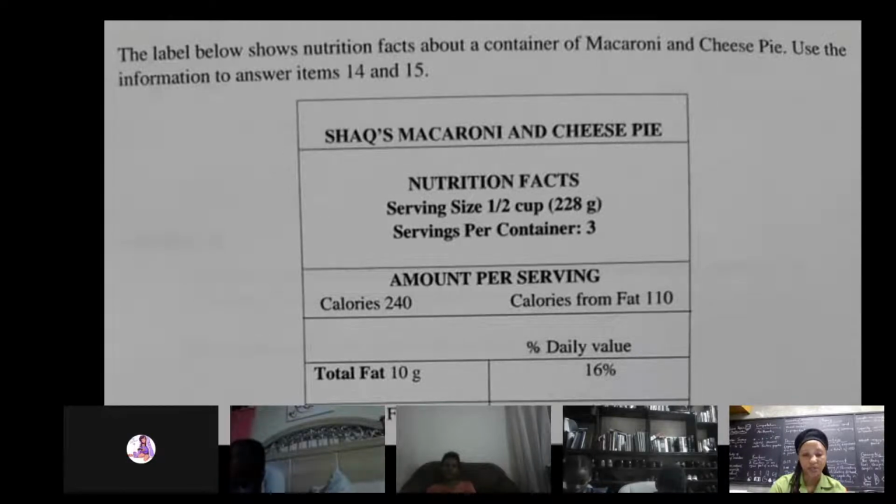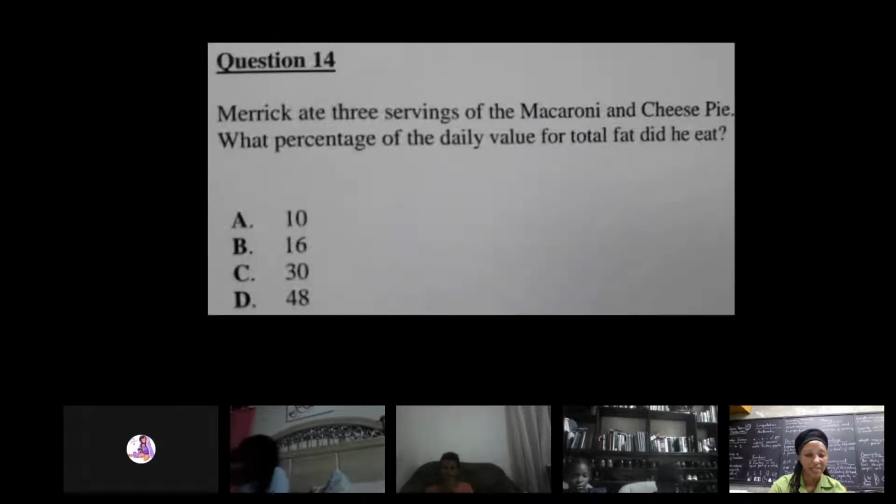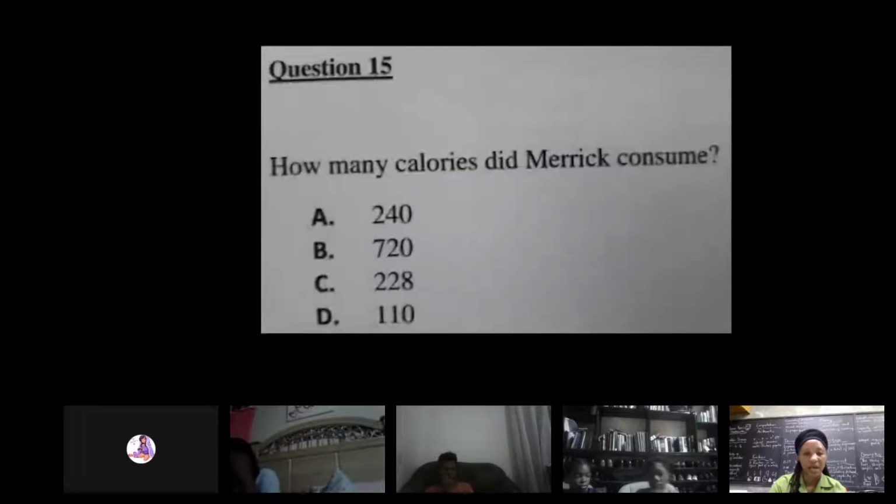And so if he took 3 servings, then it would be 48%. So that is correct. Ashlyn is correct. John, Amari correct. Madison correct. So that's 48%.